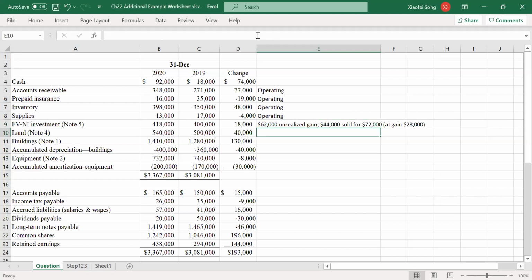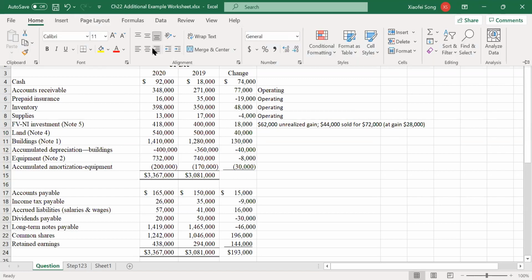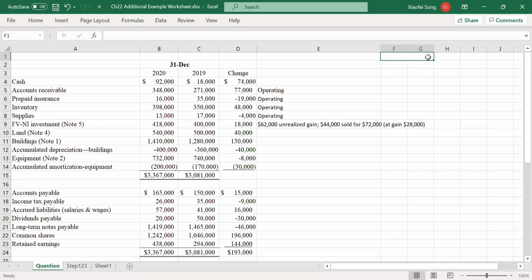Does that make sense? Yeah, so let's expand on it. I will use this part to show exactly what happened, right? T account is a great thing. I really like T accounts. T accounts lay everything out very visually. You don't have to remember increase, decrease, right? So that's a fair value net income. So this is the account.